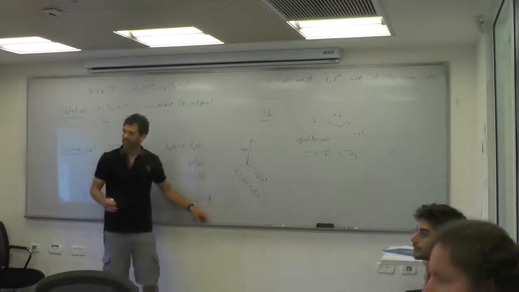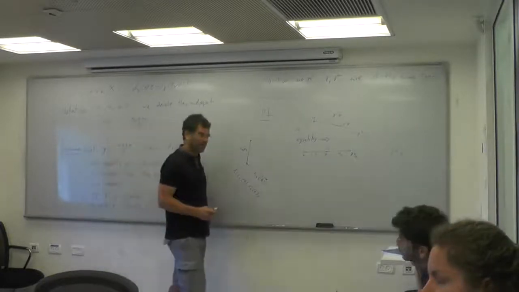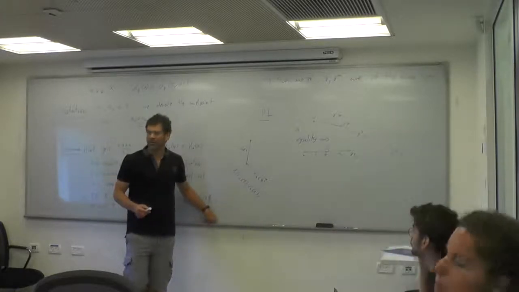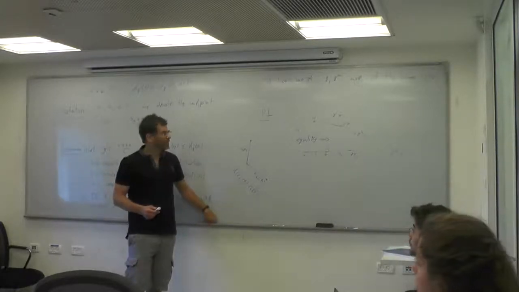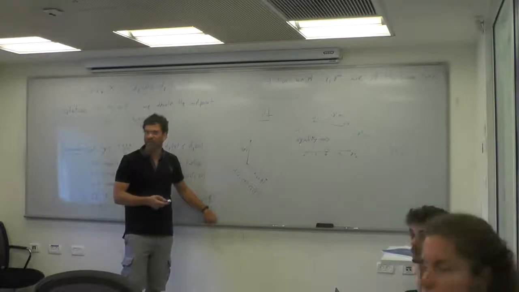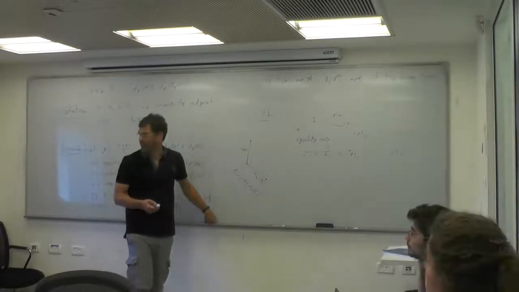For Hadamard manifolds, you just know that this function is convex, but this is true in any Riemannian manifold. Here you only use the fact that y is the unique midpoint. Why are there unique midpoints?